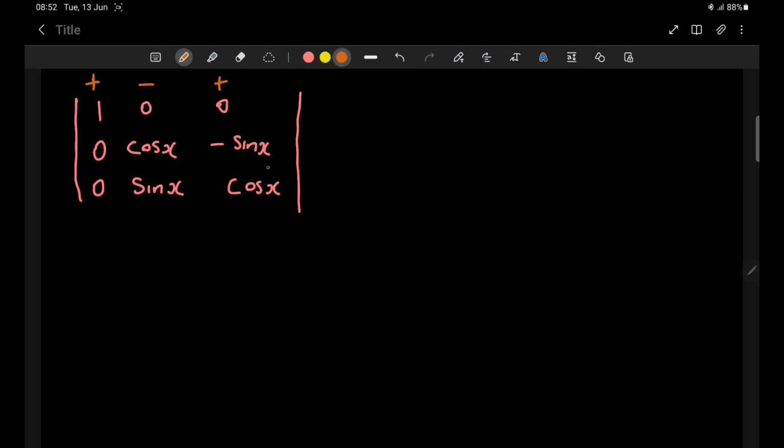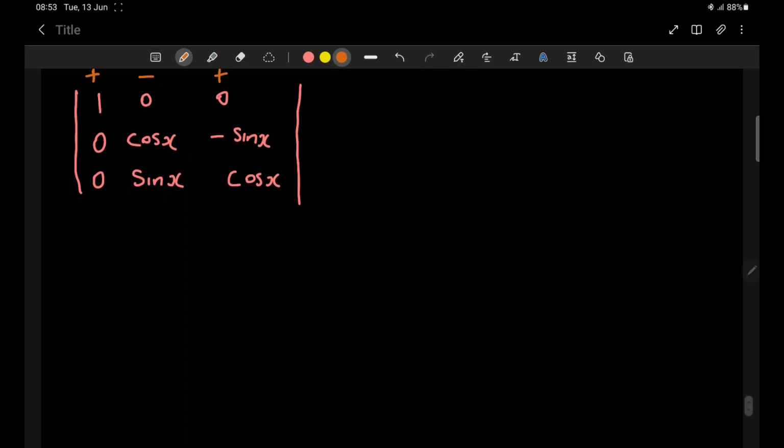Then we pick our determinant from these 4 elements. If we come to the middle, we eliminate this row and this column, and then we pick our determinant from these side by side elements, and just like that.